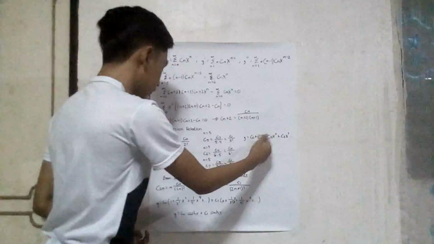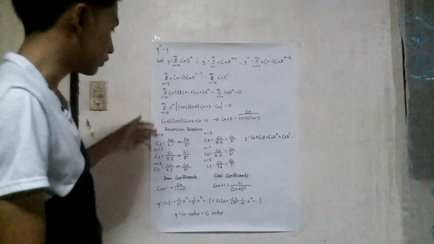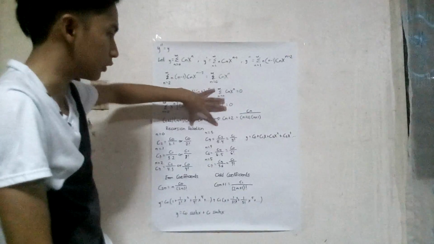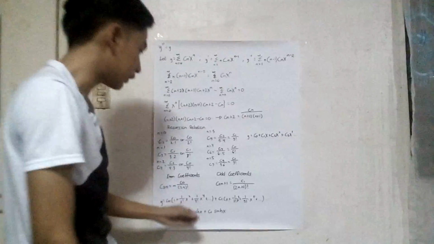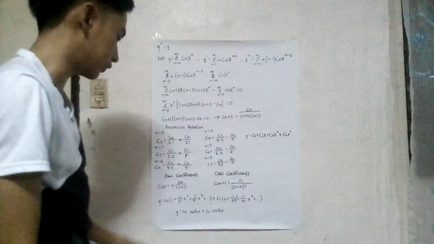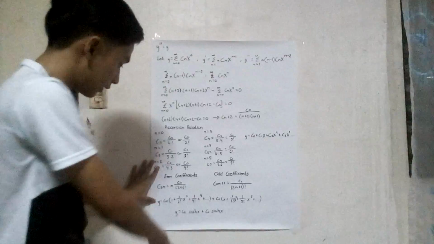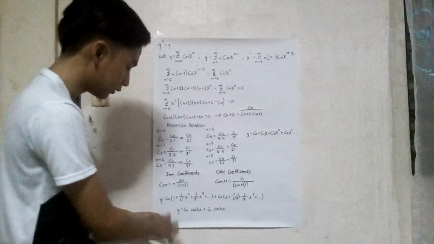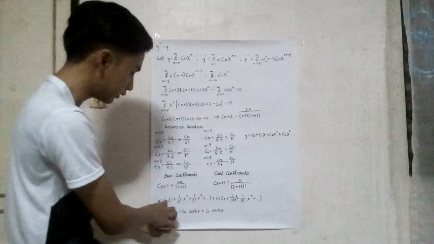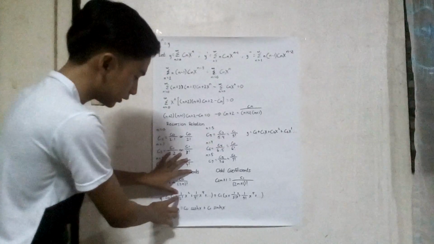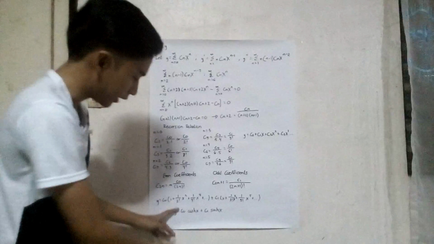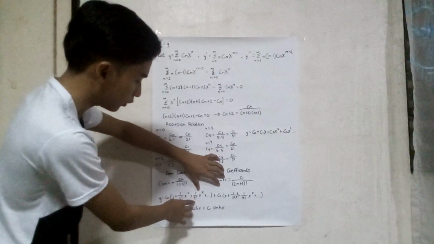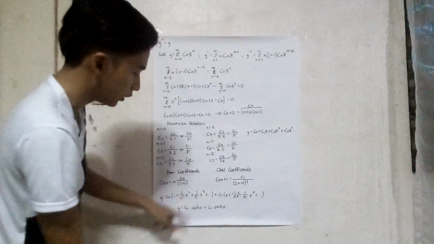By using this equation, we can substitute the values of c2, c3 from the recursion relation, and we can now get the transcendental function. For the even coefficients, y equals c0 times 1 plus 1 over 2 factorial times x raised to 2 plus 1 over 4 factorial times x raised to 4, and so on.